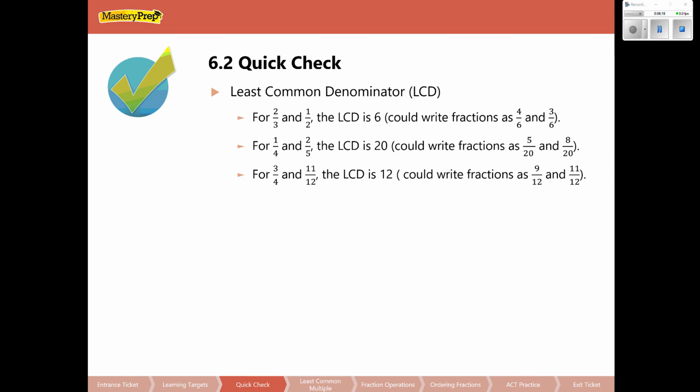Least common denominator. We're looking at the denominators to see what they're going to be when they're the same. So the least common denominator for 3 and 2 is 6. Least common denominator for 4 and 5 is 20. So really we're looking at the least common multiple, but for the bottom of the fraction.